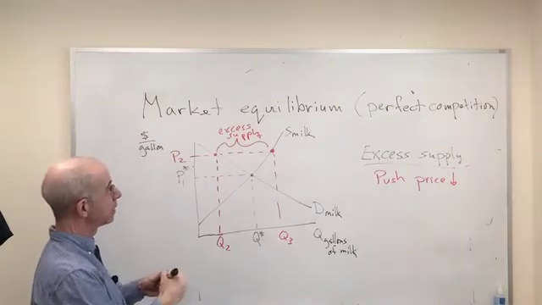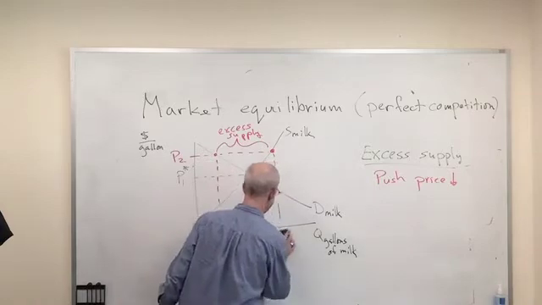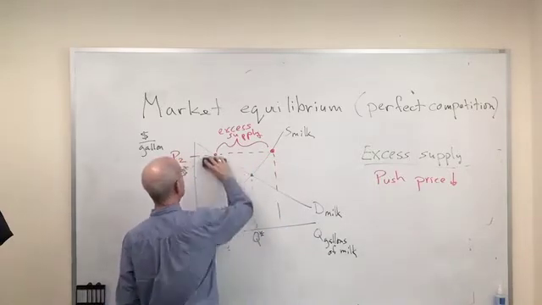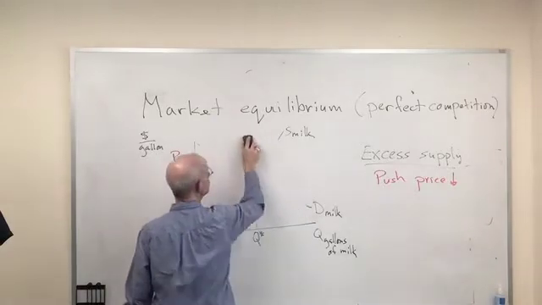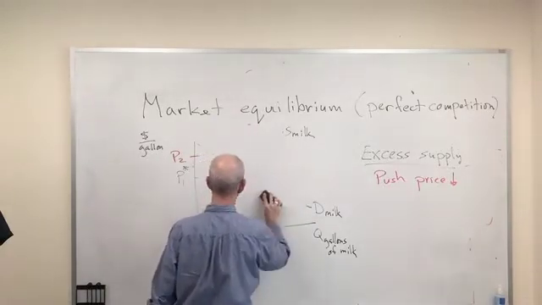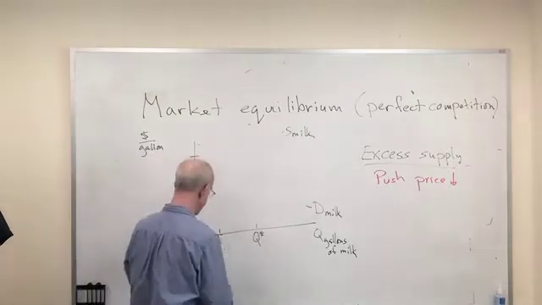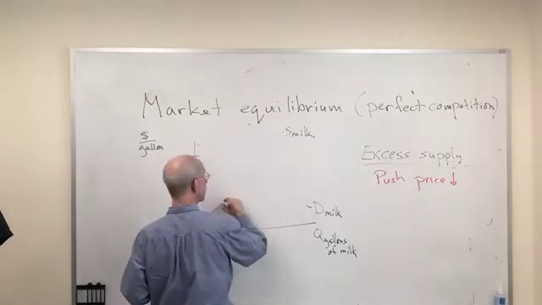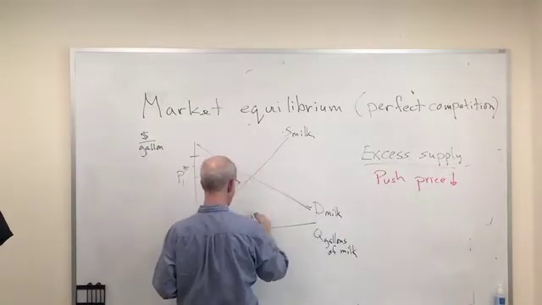So if we have an excess demand, it will be just the opposite. Just do this quickly. There's the supply, there's the demand, there's the equilibrium price.